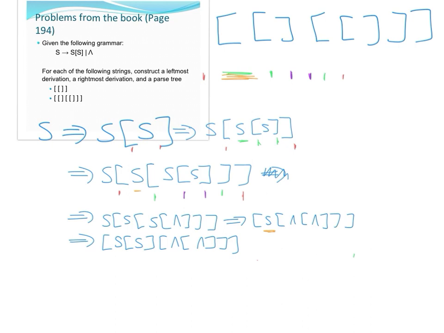So we're doing rightmost derivation. So now we need to reduce that one. Well, so we will do bracket S, bracket, lambda, bracket, and then we've got the bracket, lambda, 1, 2, 3. And in rightmost derivation, we only have one non-terminal left.